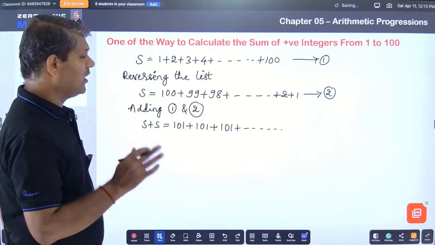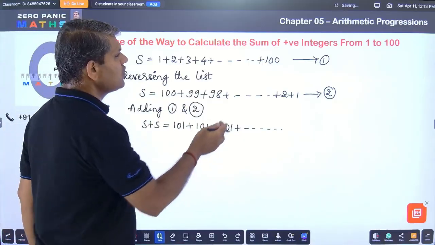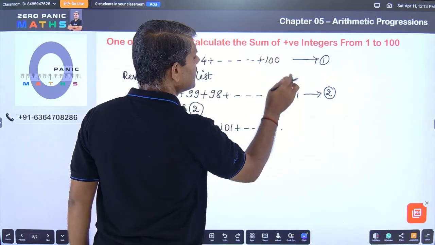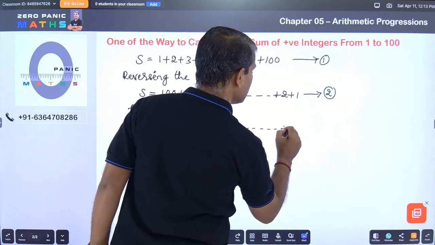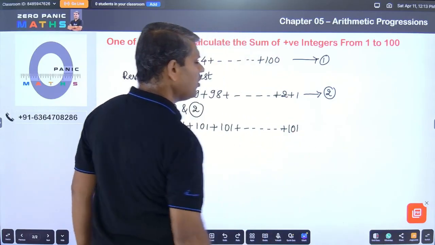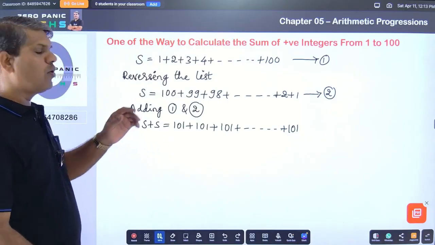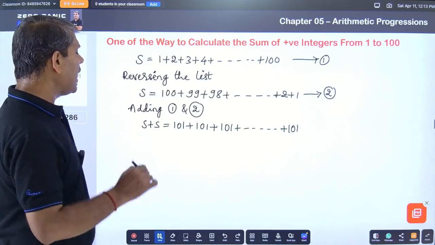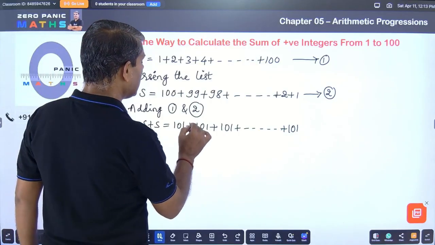At the end also, 100 is the last number in the first series and 1 is the last number in the second series, which also gives 101. Now, how many 101s are there?